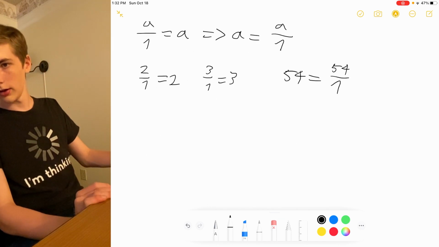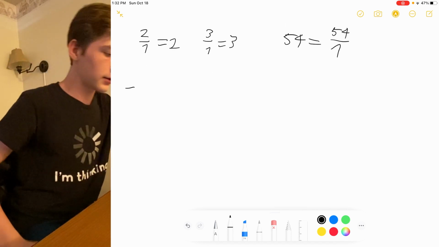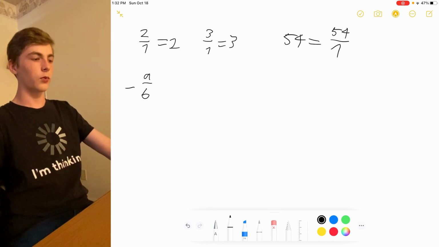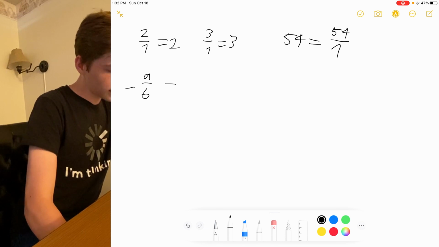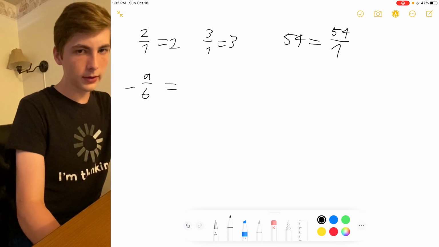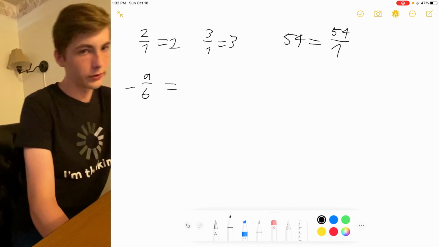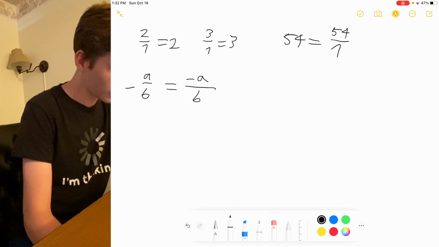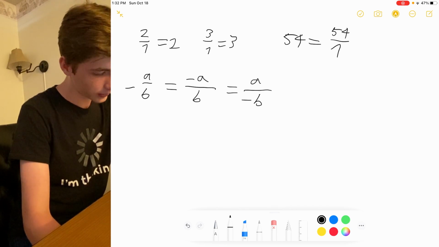And then lastly, if you have a negative sign, so negative a over b, what do you do with that negative sign? What is actually negative here? Well, you could put the negative sign out here, but it turns out that it literally doesn't matter if you put the negative sign out there or on the numerator or on the denominator. So this is the same as if you said negative a over b, or if you said a over negative b.